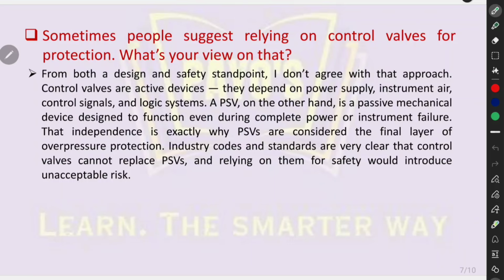That independence is exactly why PSVs are considered the final layer of overpressure protection. Industry codes and standards are very clear that control valves cannot replace PSVs, and relying on them for safety would introduce unacceptable risk. Have you been involved in designing or reviewing separation equipment like columns or vessels?